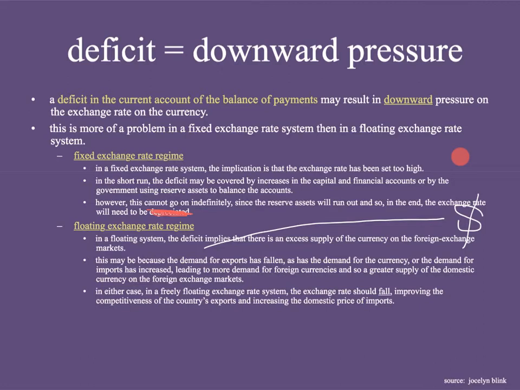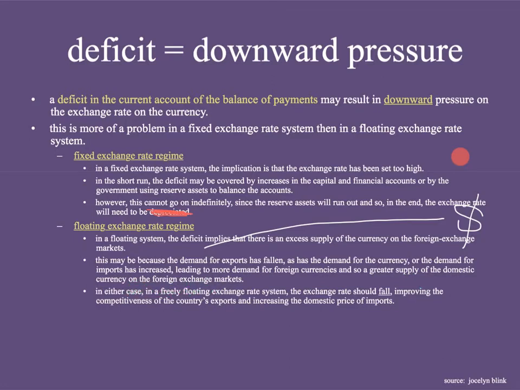Well, the deficit means that more money has left than has come in. This may be because the demand for exports has fallen. People aren't wanting to buy your stuff, as has the demand for the currency, or the demand for the imports has increased, leading to more demand for foreign currencies, and so a greater supply of domestic currency is put on the foreign market.